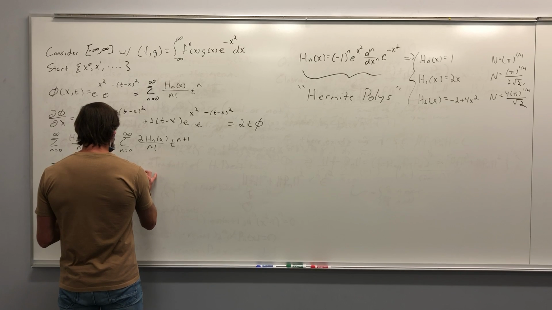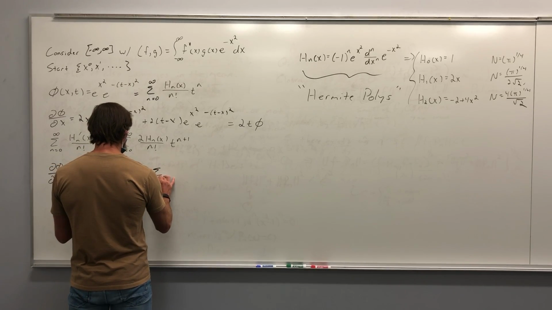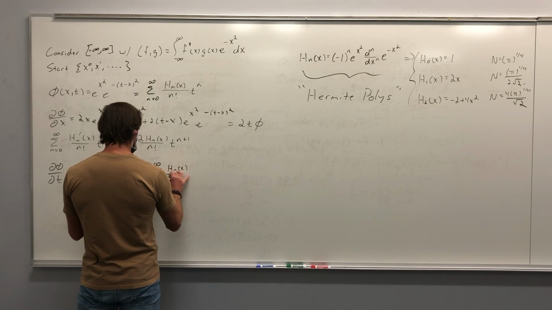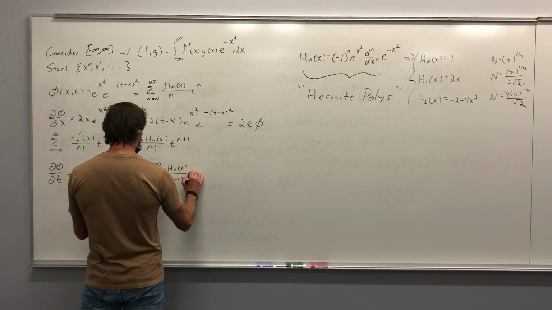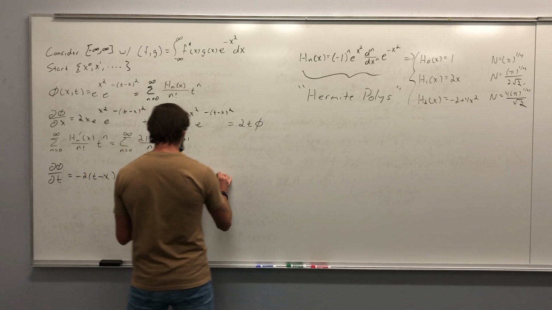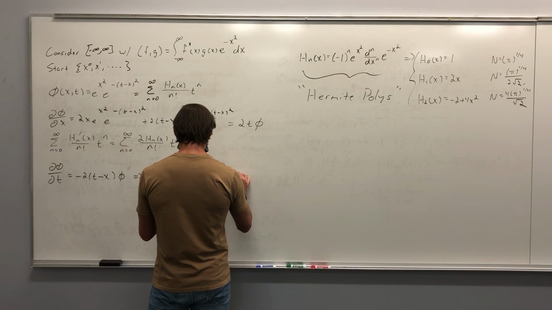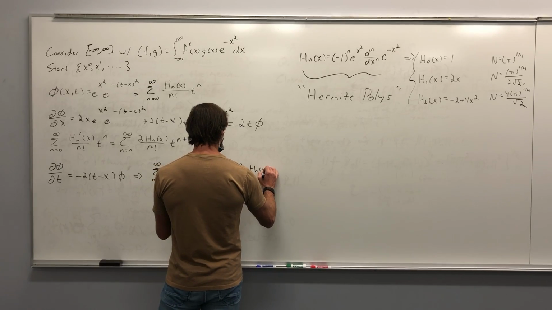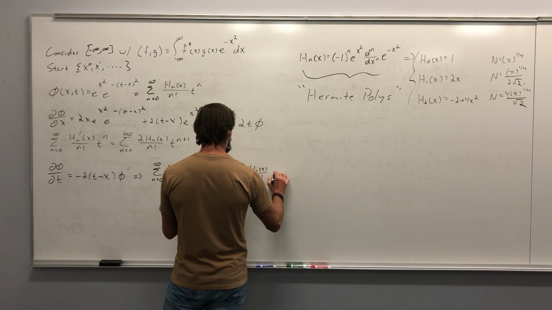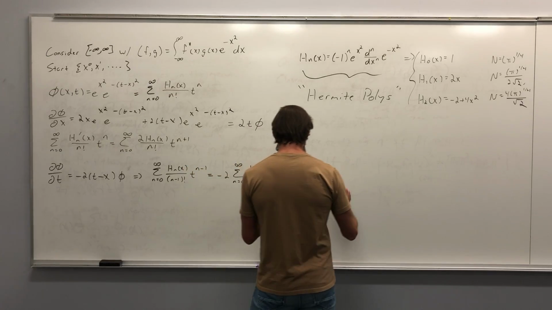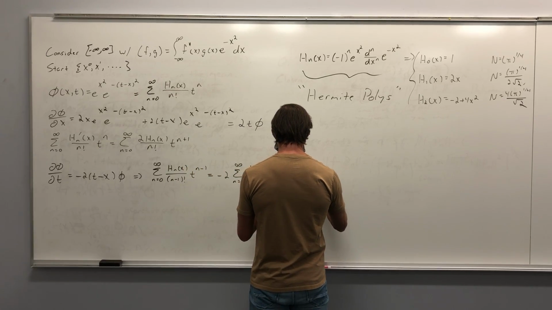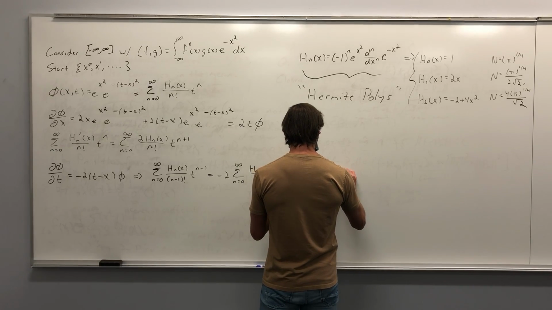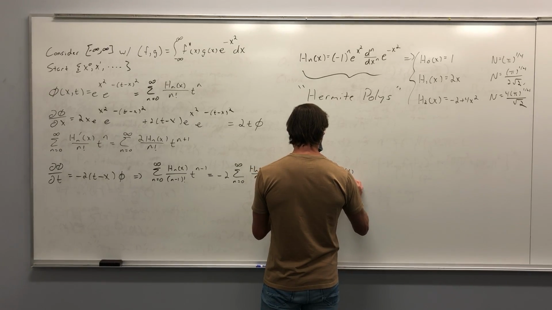And then this immediately tells us that the sum from n equals 0 to infinity of hn(x) over (n minus 1) factorial t to the n minus 1 is equal to minus 2 times the sum from n equals 0 to infinity hn(x) over n factorial t to the n plus 1, plus 2x times the sum from n equals 0 to infinity hn(x) over n factorial t to the n.